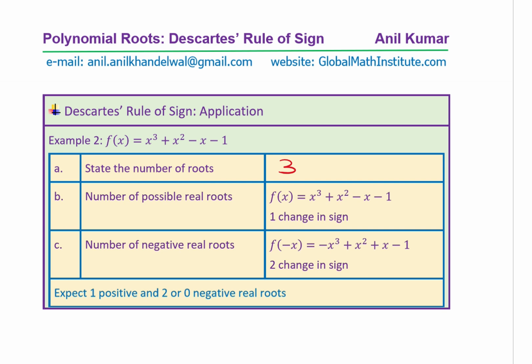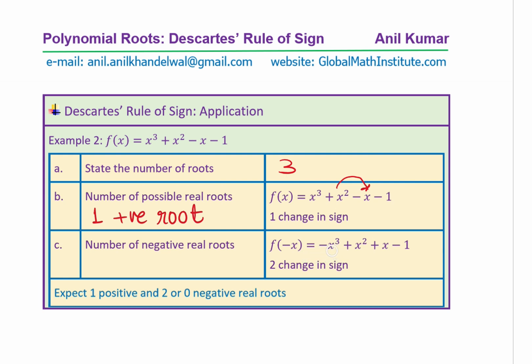Let's look for a change in sign. So in this function f of x, the change in sign is only once, correct? It changes sign from plus to minus when moving from x squared to minus x. So that means we have one positive real root. So let me write one positive root. Now, you have to check f of minus x for possible negative roots.